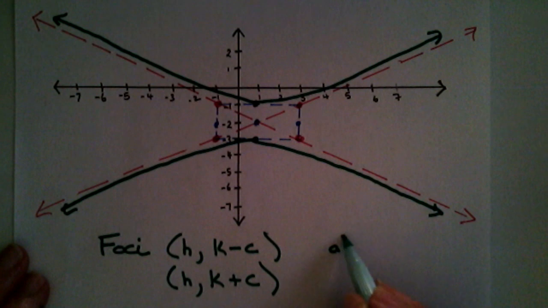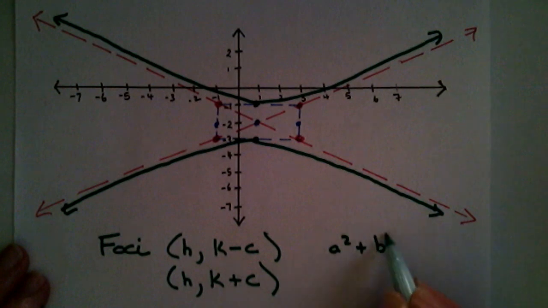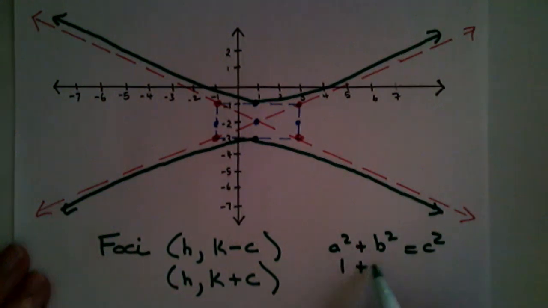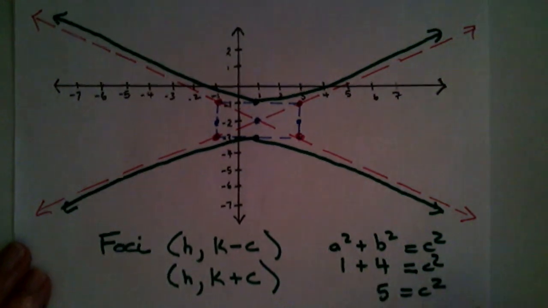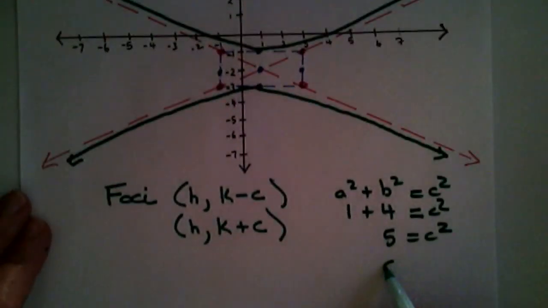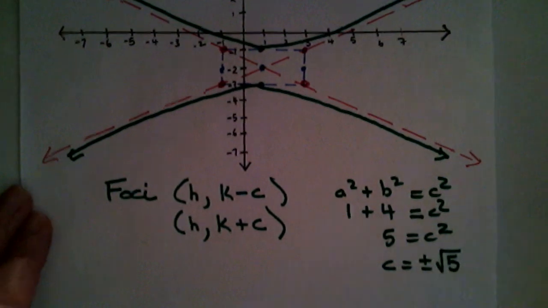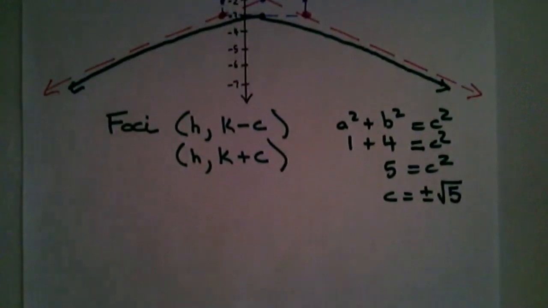I've got a squared plus b squared equals c squared. So 1 plus 4 is equal to c squared. 5 is equal to c squared. C is equal to plus or minus rad 5. So now that makes that so much easier.